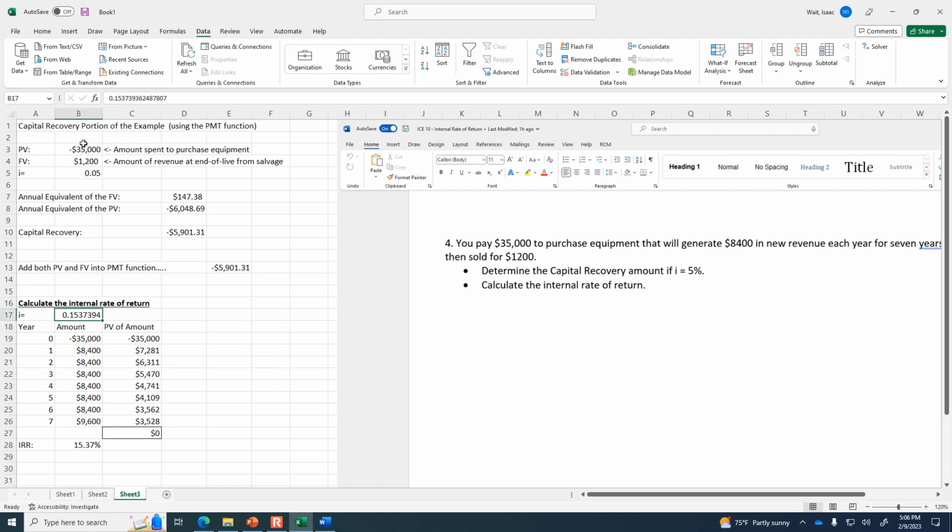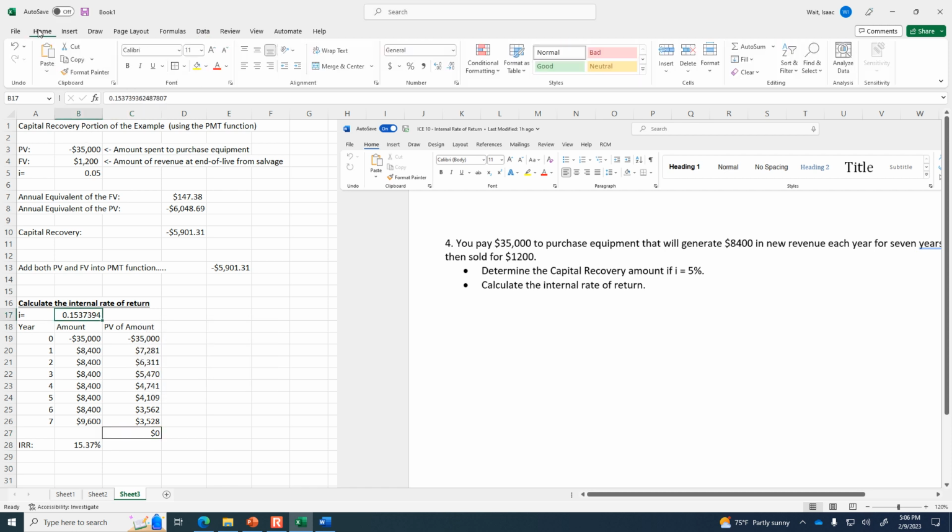I think we got it, 15.37%. Whether we do it the manual way or whether we do just the IRR function, we get 15.37% for this. Oh, good. I like it.